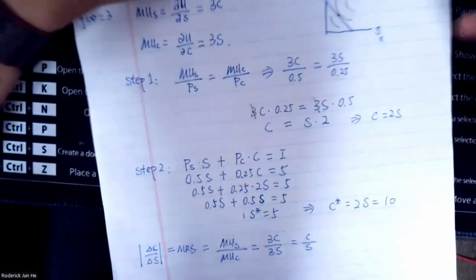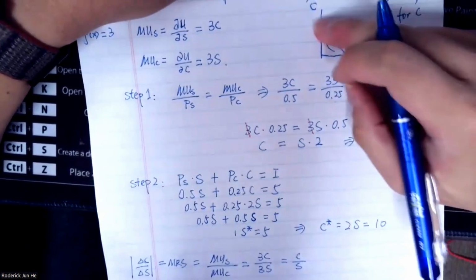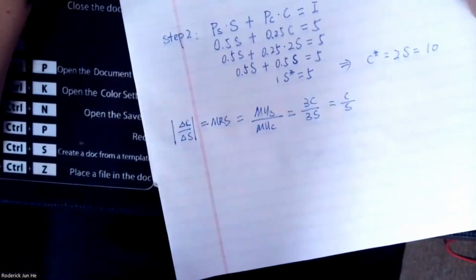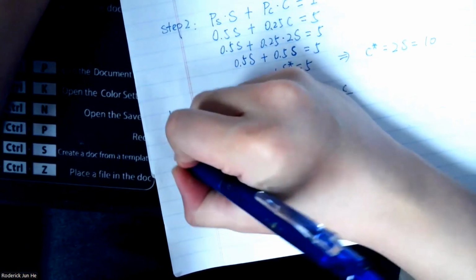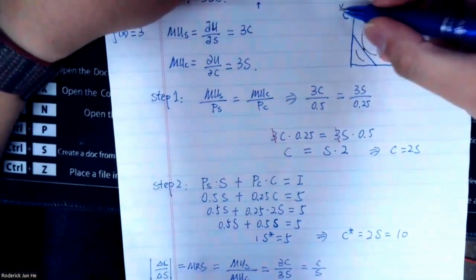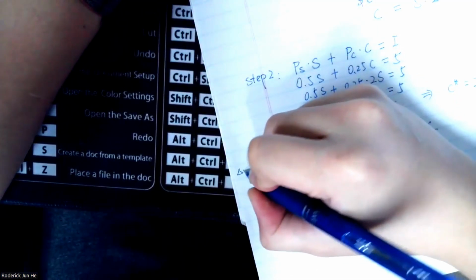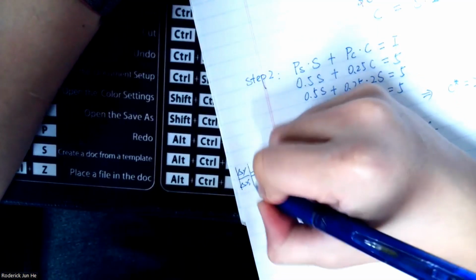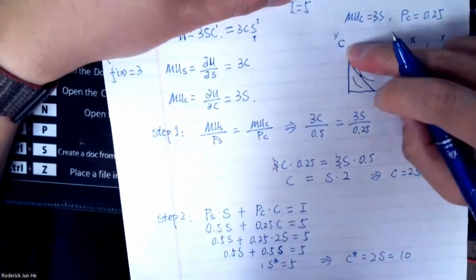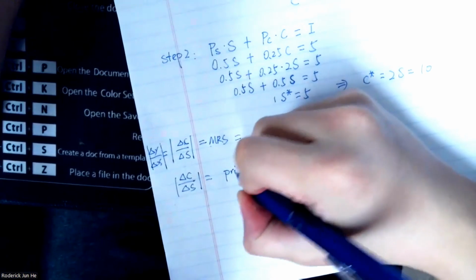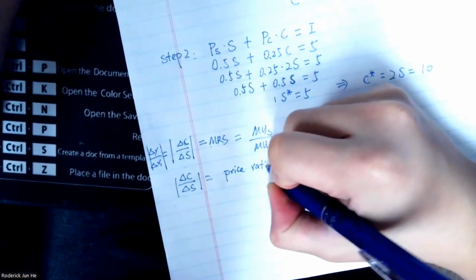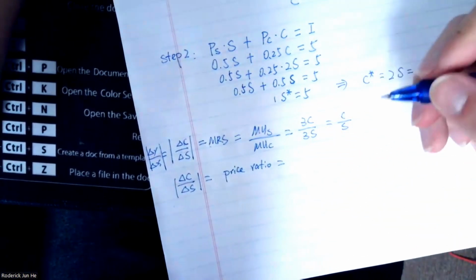That's the first one. And the second one is you need to figure out the slope of the budget constraint. So that's still the absolute value of the slope, which is the absolute value of delta Y over delta X. And in this case, C is Y, S is X. And we know that it is a price ratio, right?